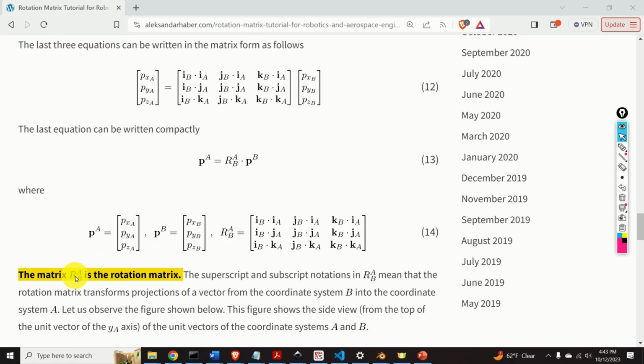The matrix R, B with respect to A in this equation, is the rotation matrix. The superscript and subscript notations in R, B with respect to A mean that the rotation matrix transforms projections of a vector from the coordinate system B into the coordinate system A. This is a very important observation.